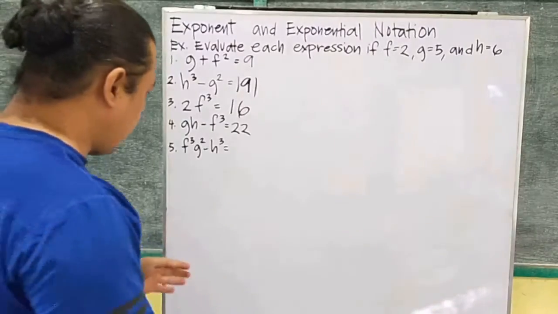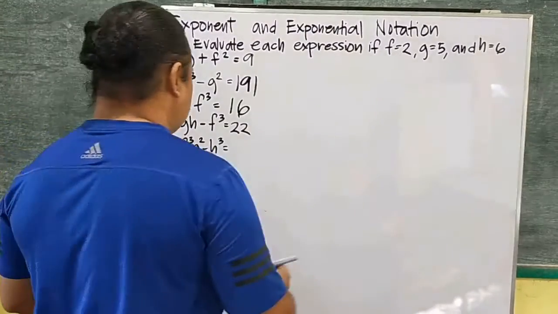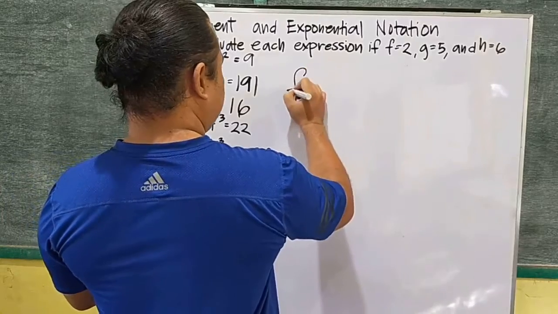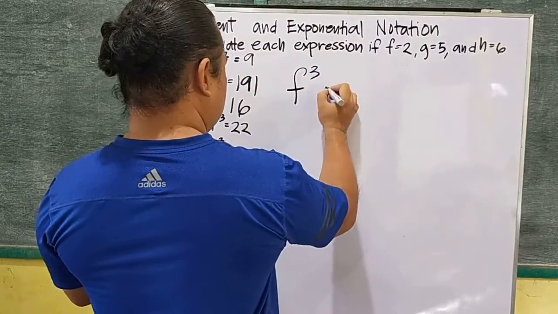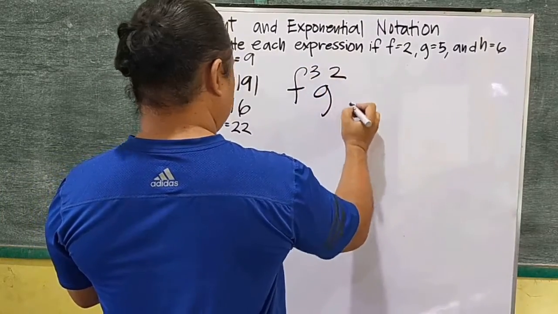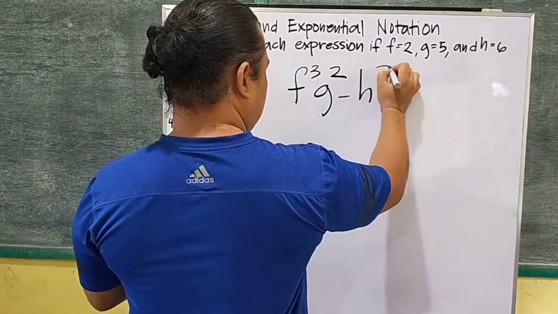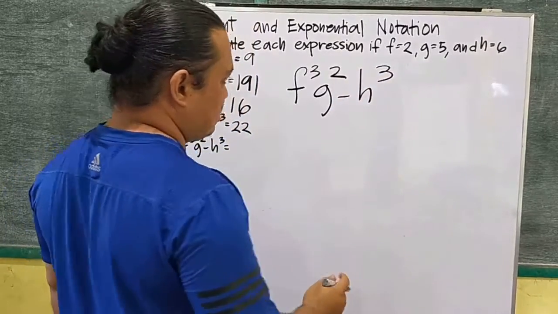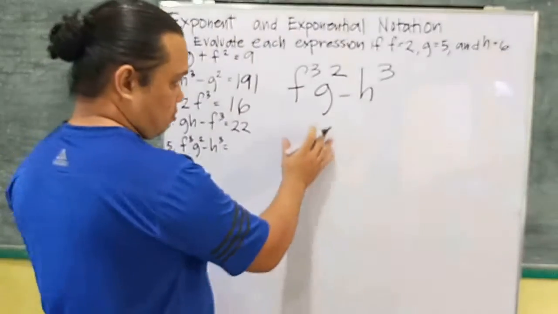Number 5, our last example here. Let's answer. Now, f cubed times g squared minus h cubed. Let's just substitute.